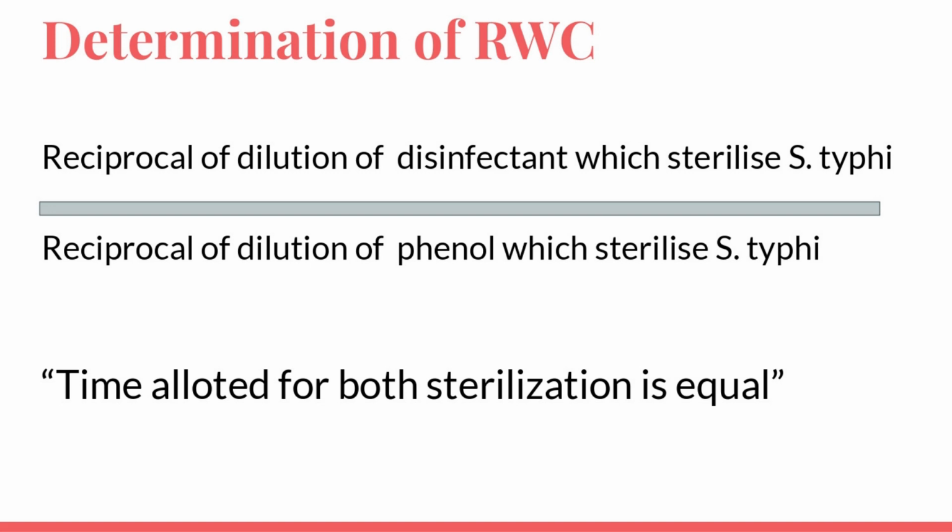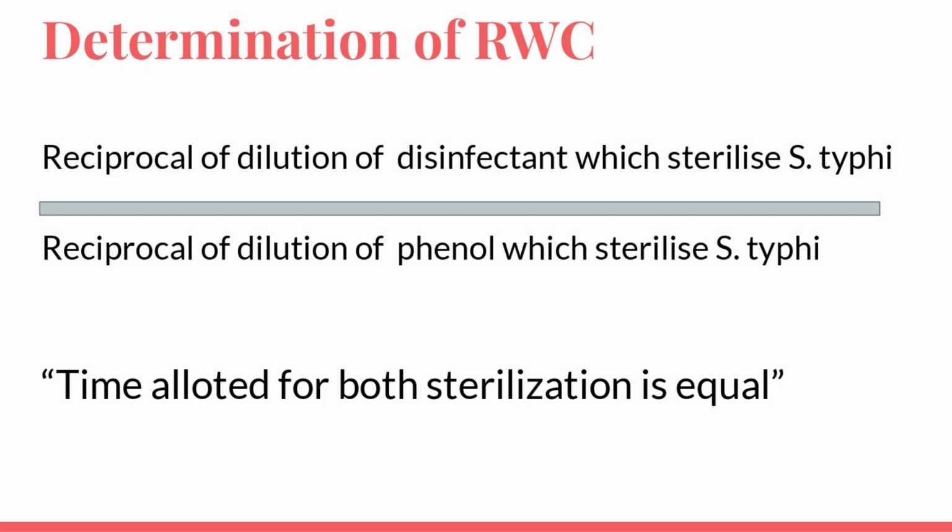For example, the dilution of the disinfectant under question is 1/450, and the dilution of the phenol is 1/90.